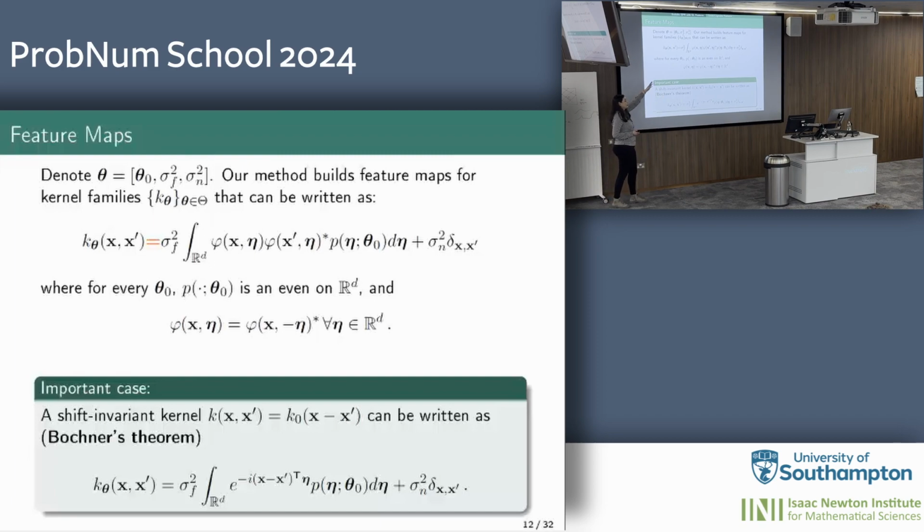Any kernels that can be represented as this integral, I want to be able to represent them. So if I choose uniform weight and I use this density function as part of the integrand, then I can just apply it for any kernel that I want, basically, in this form.